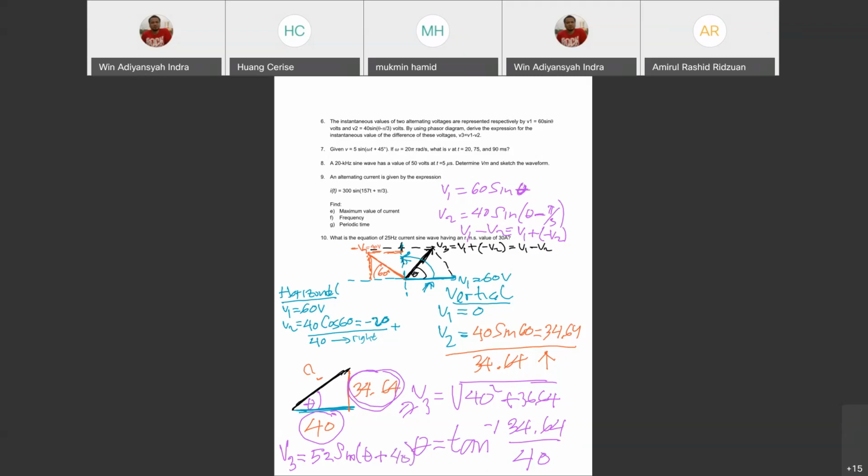Because its degree is in the first quadrant of the XY plane, it's plus. Okay, that's number 6.